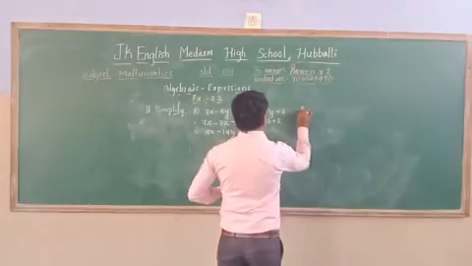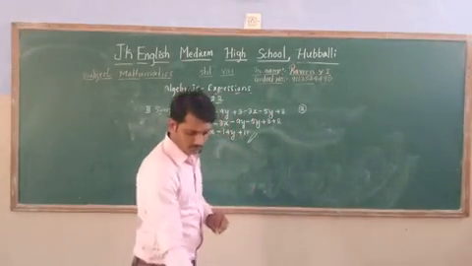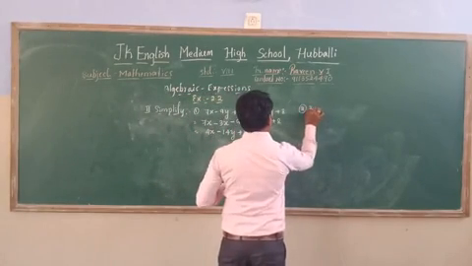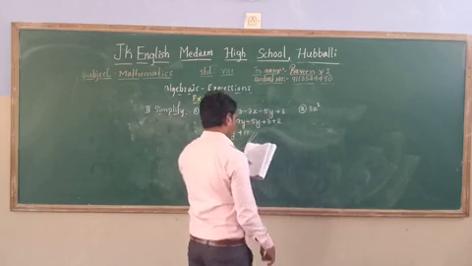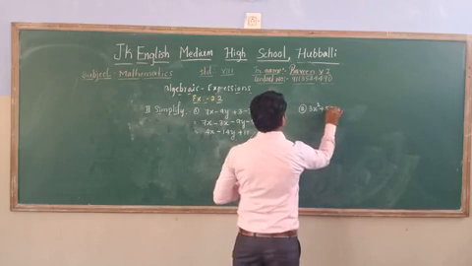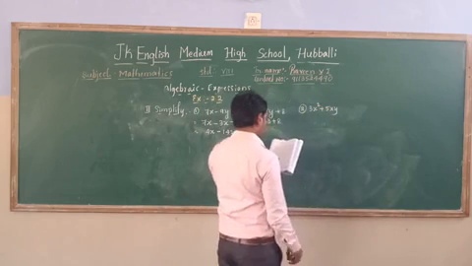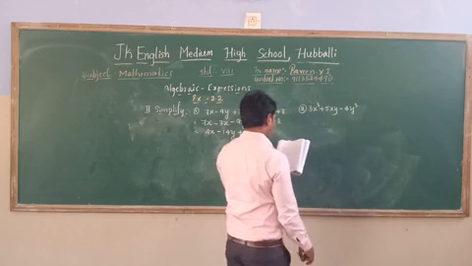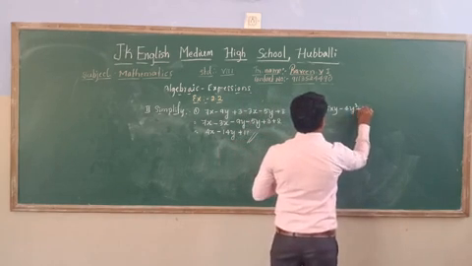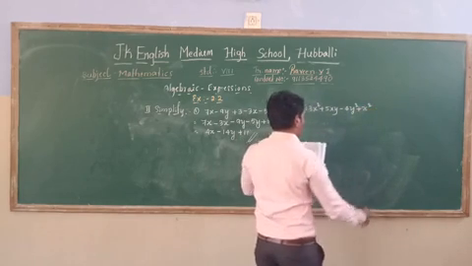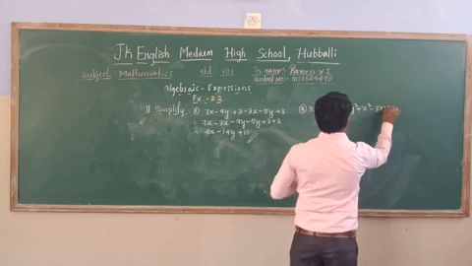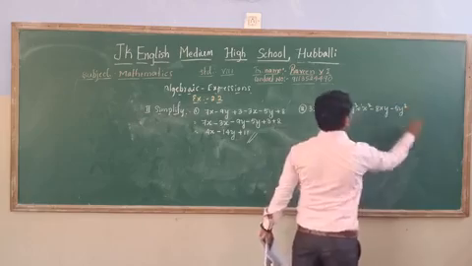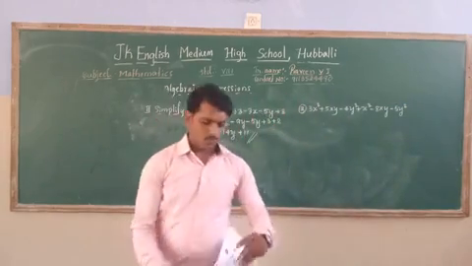So let us take one more question from our text. 3x squared plus 5xy minus 4y squared, plus x squared minus 8xy minus 5y squared.